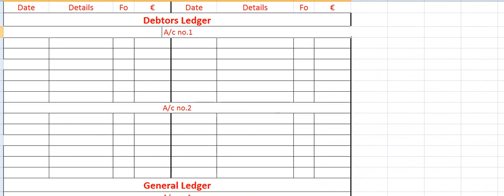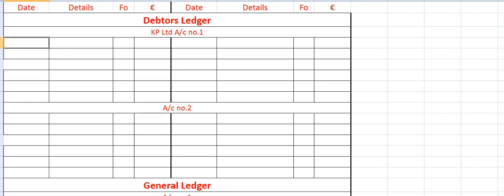And within the debtors ledger, the first account is KP Limited account number 1. Now we know from our Earl rule that if you're making an asset bigger, which a debtor is, an asset, somebody owes you money, that's going to go on the debit side.